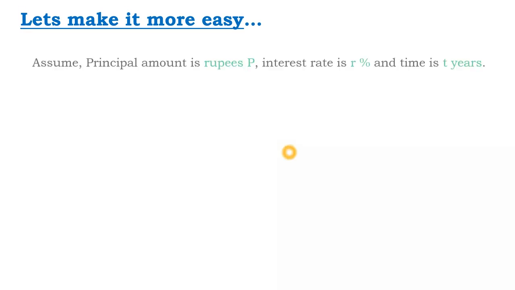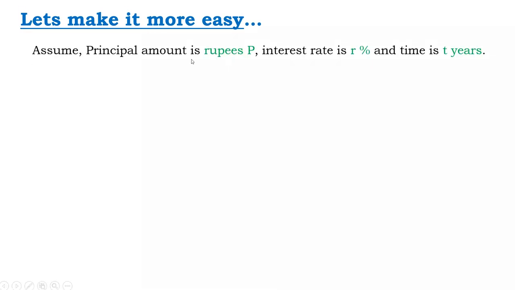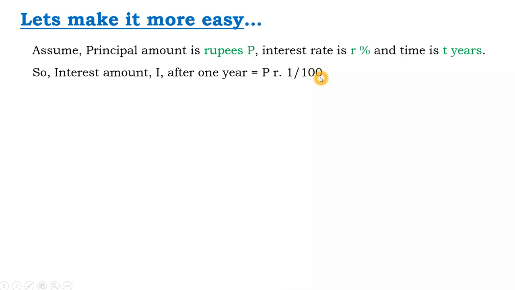Let's make it easier. Assume principal amount is rupees P, interest rate is R percent, and time is T years. So interest amount I after 1 year is P into R into 1 divided by 100.